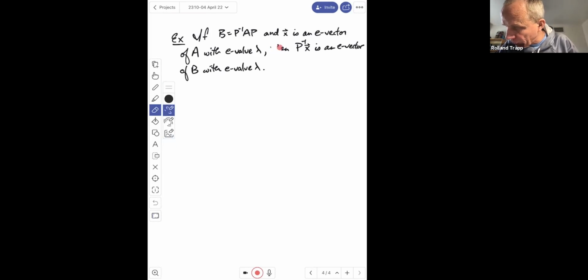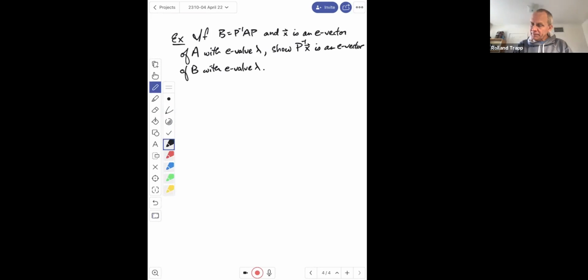Not then, but show. And this is a matrix algebra question. What I mean by that is it's not necessarily calculating exact numbers like we've been doing. Rather, it's just working with matrix algebra.